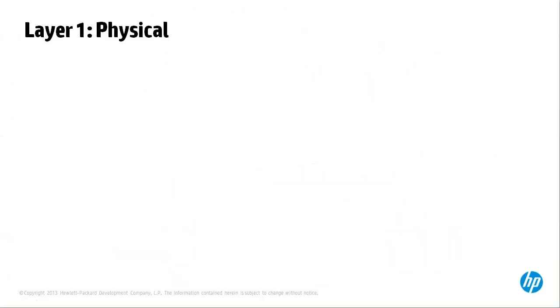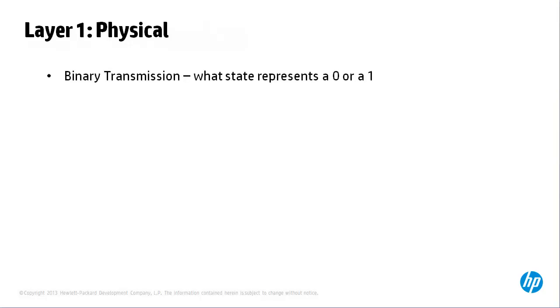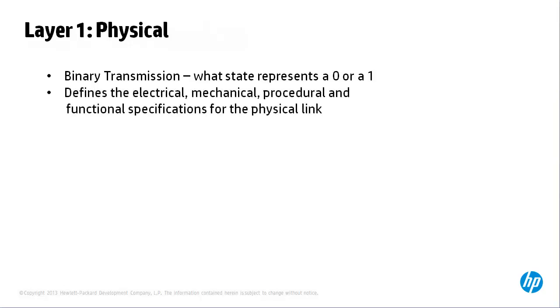First layer in the OSI model, or layer 1, is the physical layer. It defines how data is transmitted, so what state represents binary 1s or binary 0s. So media signal and binary transmission are defined at this layer. It defines the electrical, mechanical, procedural, and functional specifications for the physical link or physical layer. This allows for interoperability.